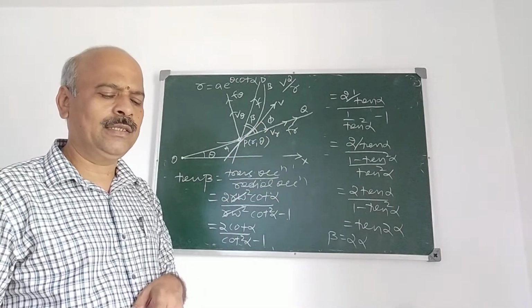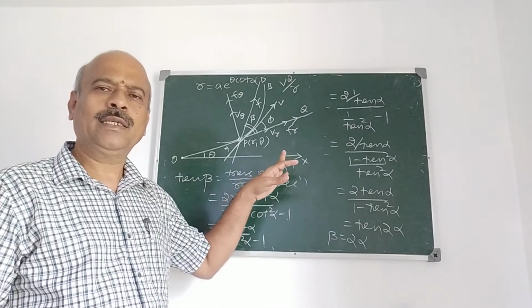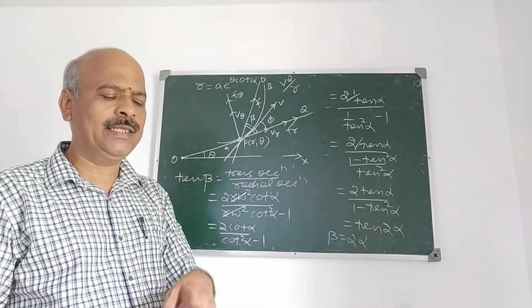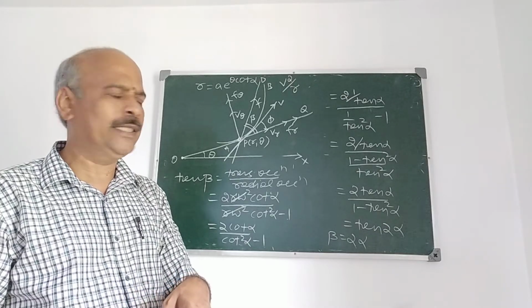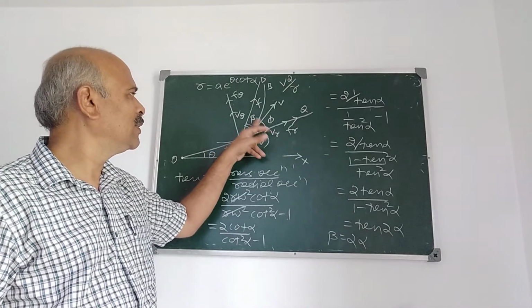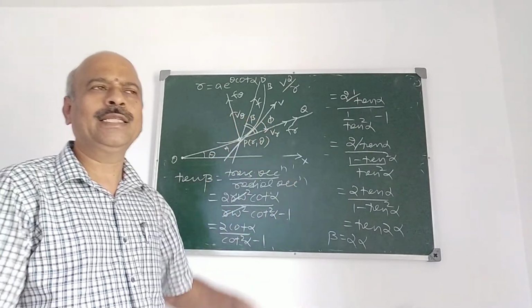Find its acceleration. First part is the same. Show that the direction makes the same angle with the tangent at P as the radius vector OP makes with the tangent. That you have to prove. You have to prove that beta is equal to pi. Try that as an exercise.